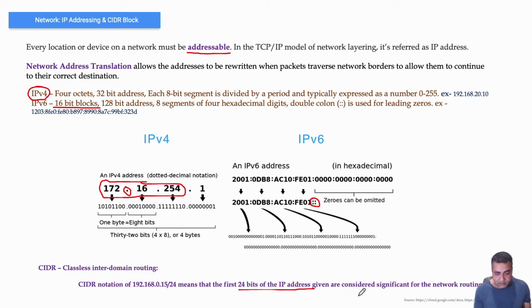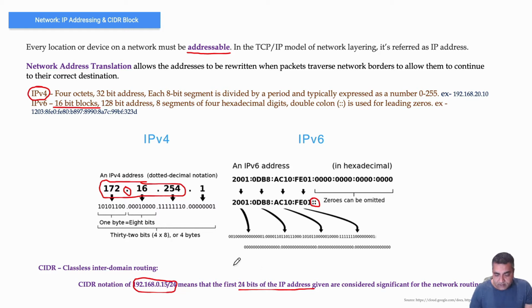CIDR allows more control over addressing continuous blocks of IP addresses. So you will see later on that every time we are defining a subnet, it's basically this /24 or /23, depending upon how many consecutive IPs you need to reserve for your network.